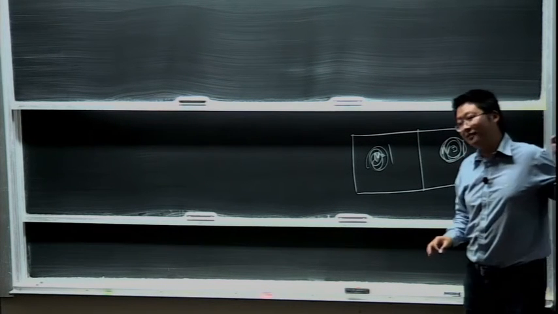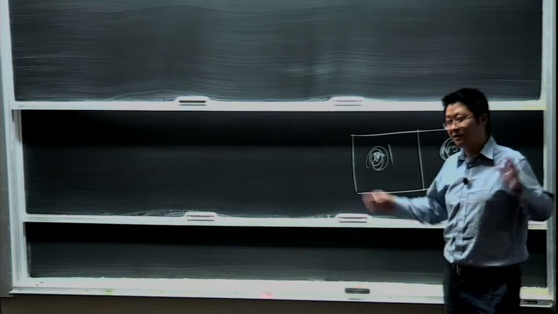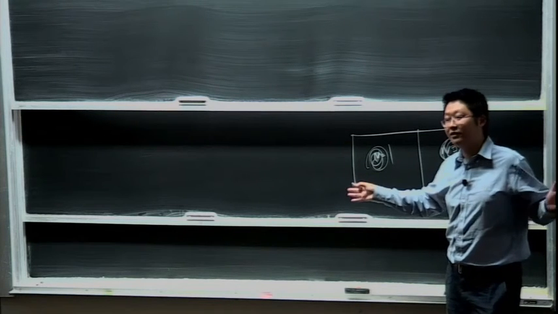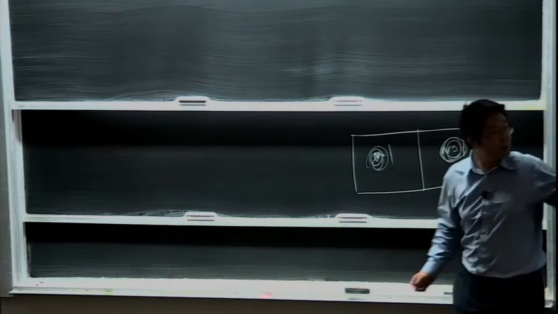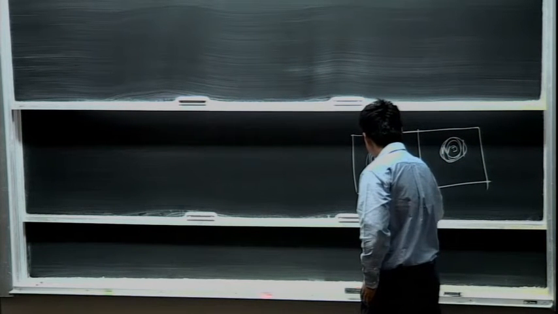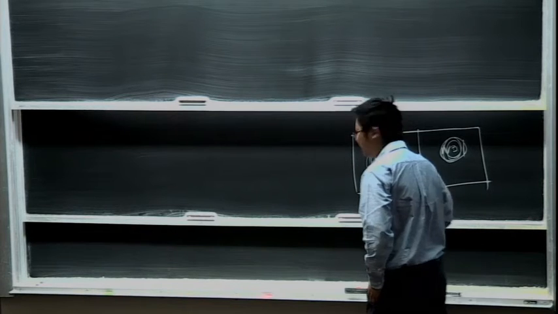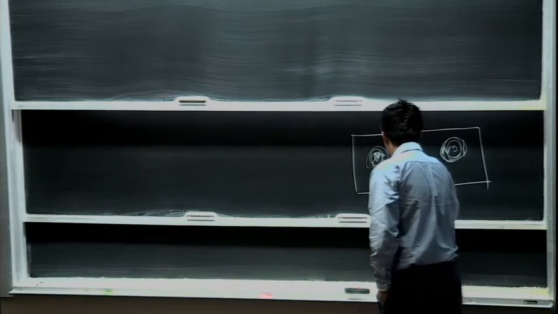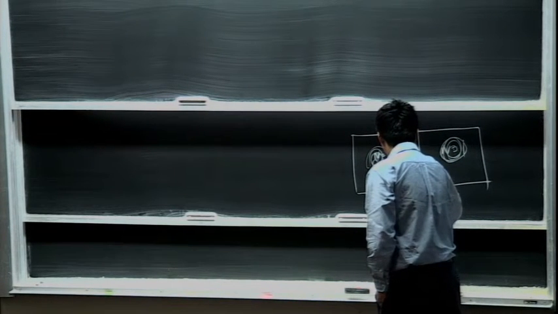So we expect the partition function has to be additive because the two regions are spatially separated. But if you look at the topological term, this region gives you a contribution e to the i theta times 1, and this region gives e to the i theta times 1.